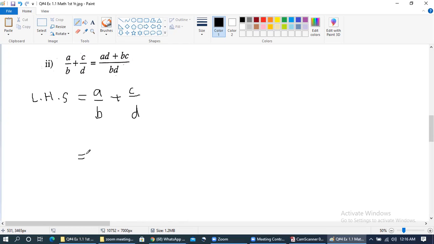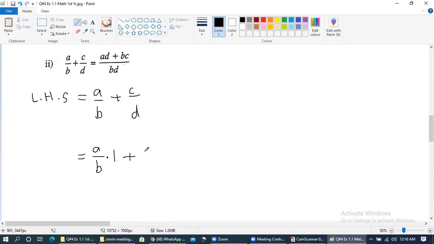In the previous question we had used that A by B can be written as something which is going to be multiplied. So we can write it as A by B multiplied to 1, because we are using the multiplicative identity.